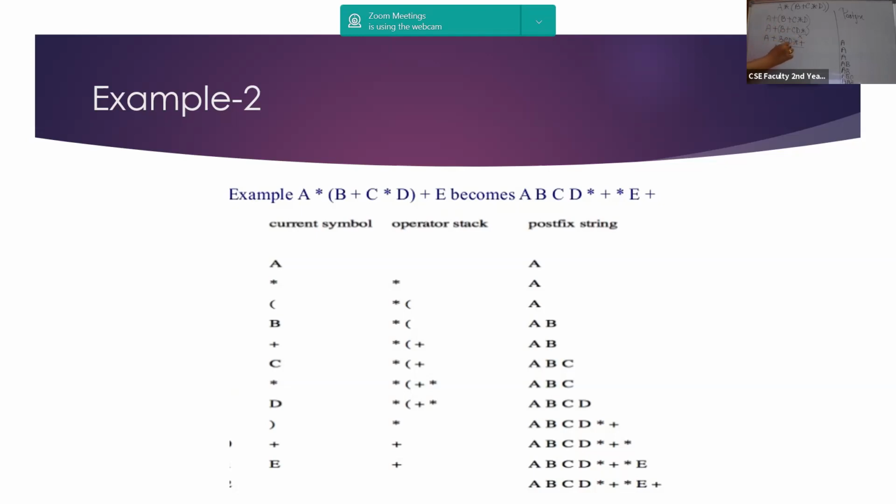Now if you consider this one entire thing as Y, so it will become A plus Y. So it will become AY plus. So A, B, C, D multiply. Oh sorry, this is multiply. So plus.